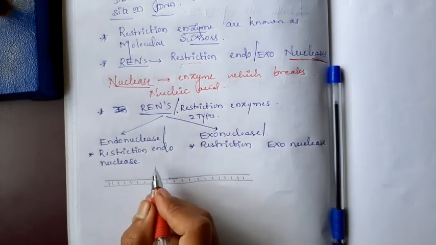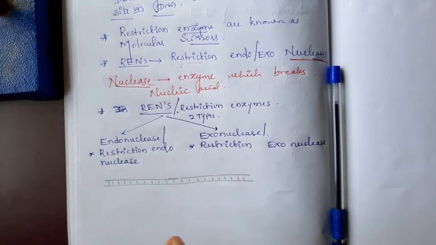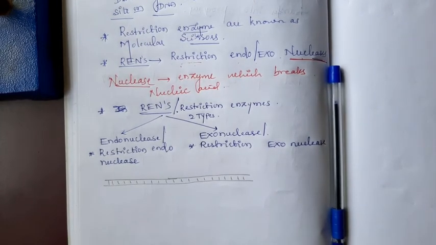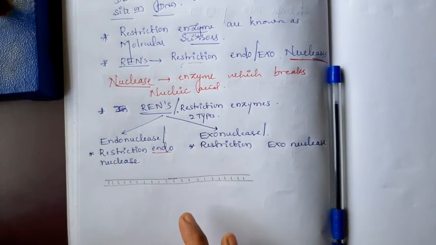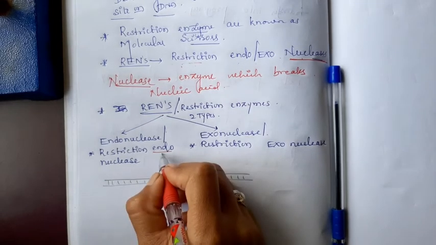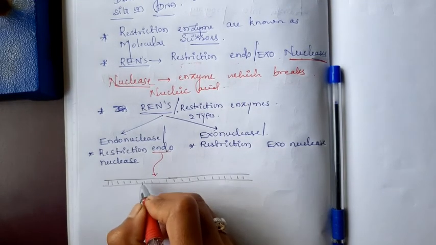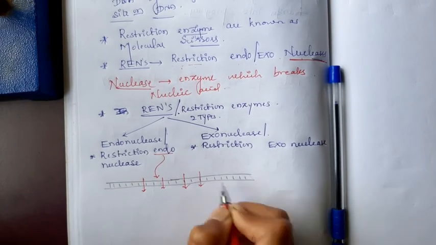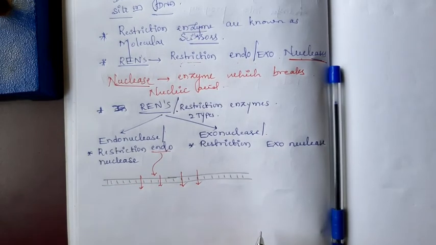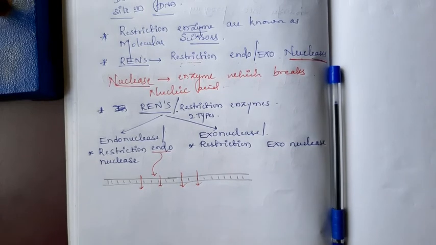Restriction endonucleases are the enzymes known as molecular scissors which cut the DNA. Endo in the sense middle. This enzyme cuts the DNA in the middle. Restriction enzyme will digest the DNA.